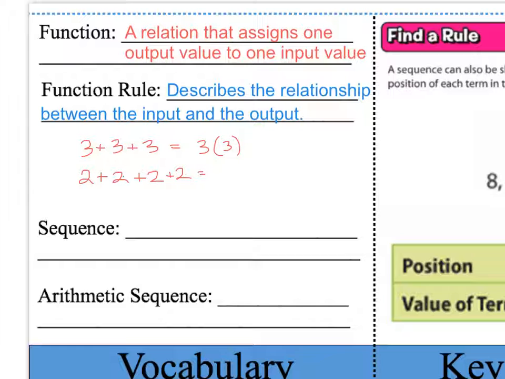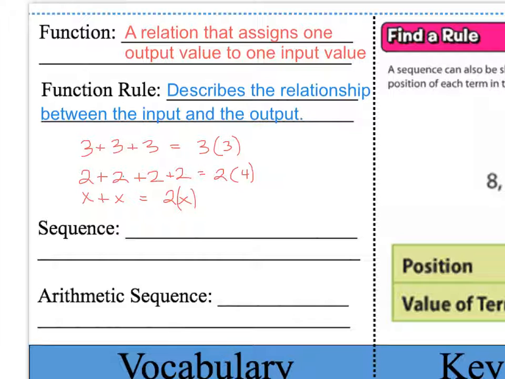But a shortcut would be to take 2 and to multiply it by 4 because I'm adding it 4 times. So we can use this concept to go ahead and describe a relationship between our output values. Another example would be x plus x, which would be the same thing as 2x, or 2 times x.